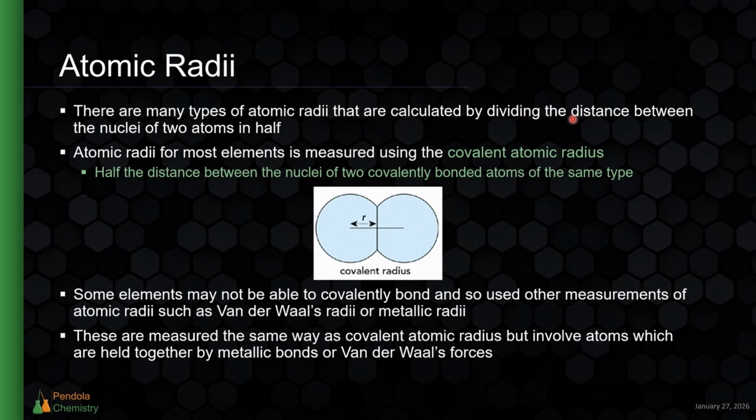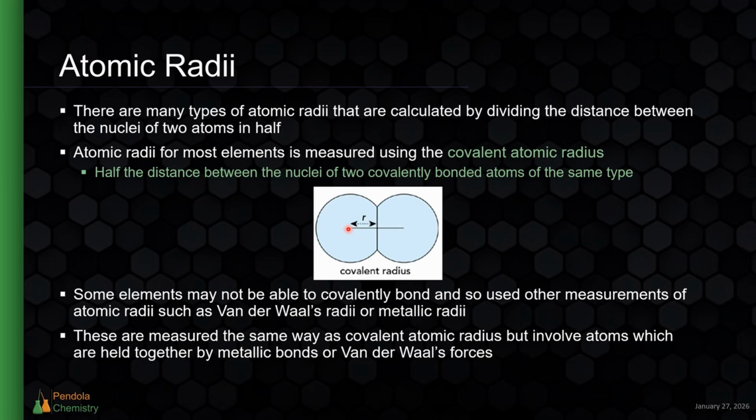We are going to divide the distance between the nuclei of two atoms that are touching or bonded in some way in half. The idea here is that if we have two identical atoms that are either ionically bonded, covalently bonded, or some kind of bonded, and we measure the distance from the nucleus of one atom to the nucleus of the other, and we divide that distance by half, that should give us the radius of one of the atoms.